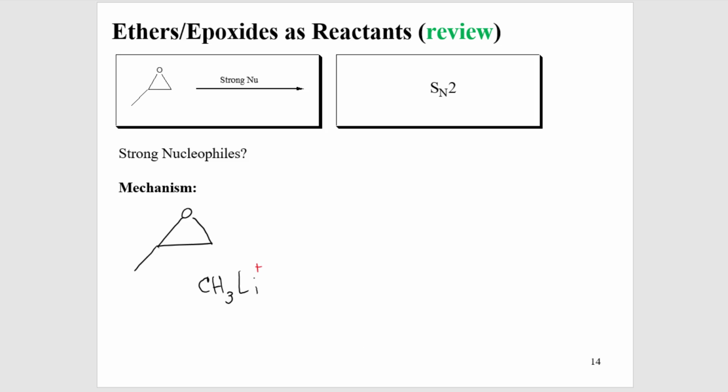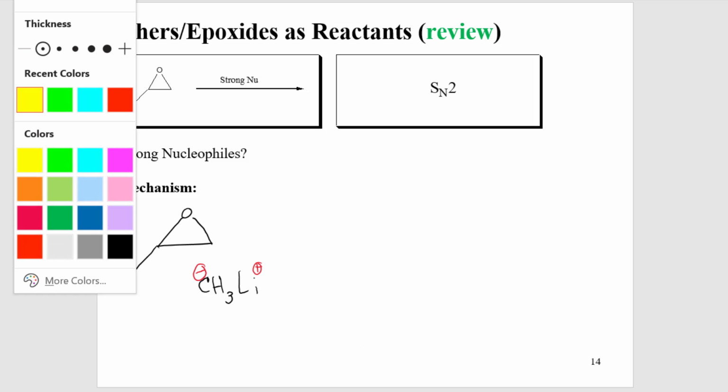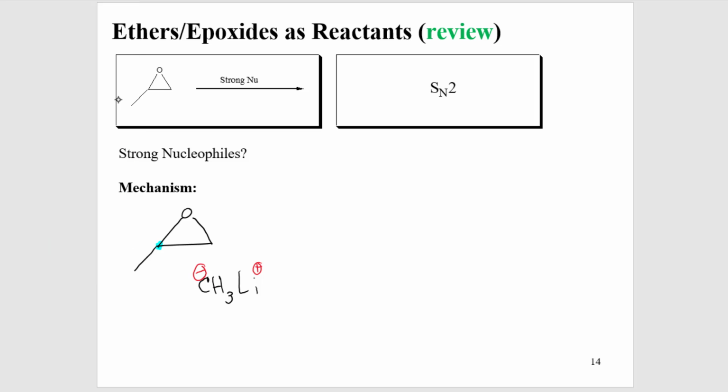The lithium is positive, the carbon is strongly negative. So the carbon's in charge. The epoxide sits equilaterally between the two carbons. Each carbon is equally partially positive. The one who's in charge, being the strong nucleophile, gets to decide which carbon to attack, and it does so avoiding steric hindrance.